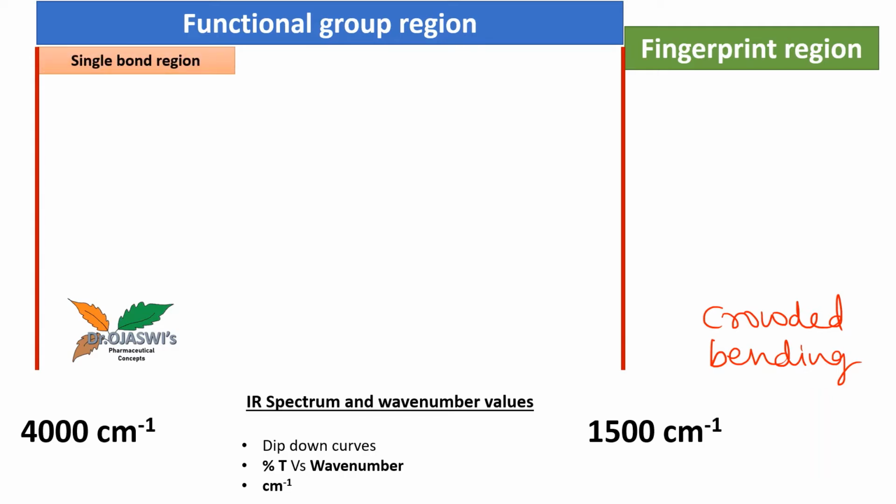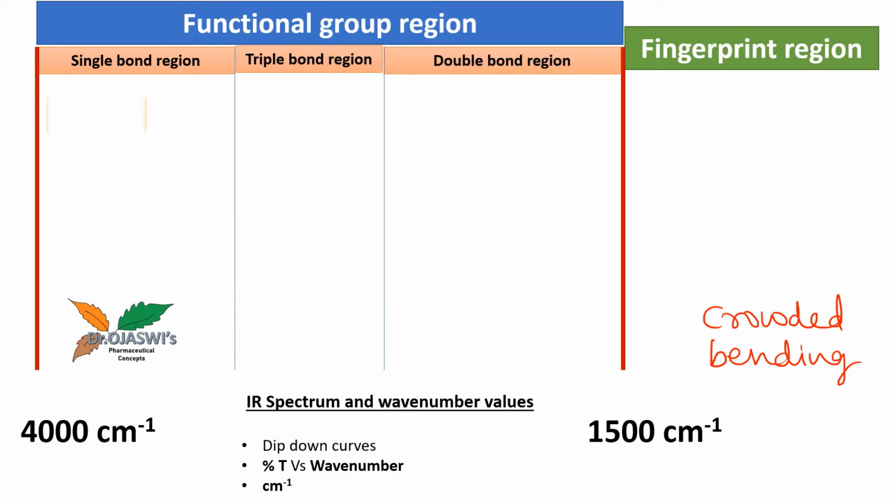Now here in the functional group region we have single bond region, triple bond region and double bond region. In single bond region, OH stretching peak appears around 3600 to 3500 centimeter inverse.